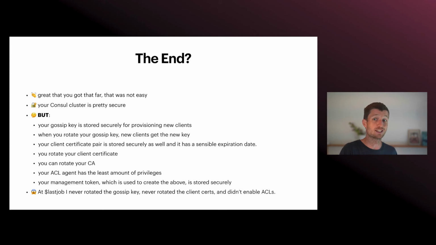Then let's have a look at the ACL agent token. You want to make sure it has the least amount of privileges, obviously, and the same problems that I highlighted for the gossip key and the TLS stuff apply here as well. Like, how do you generate the key in the first place? Is that secure? Because you need a management key to generate the client key, agent token, sorry.